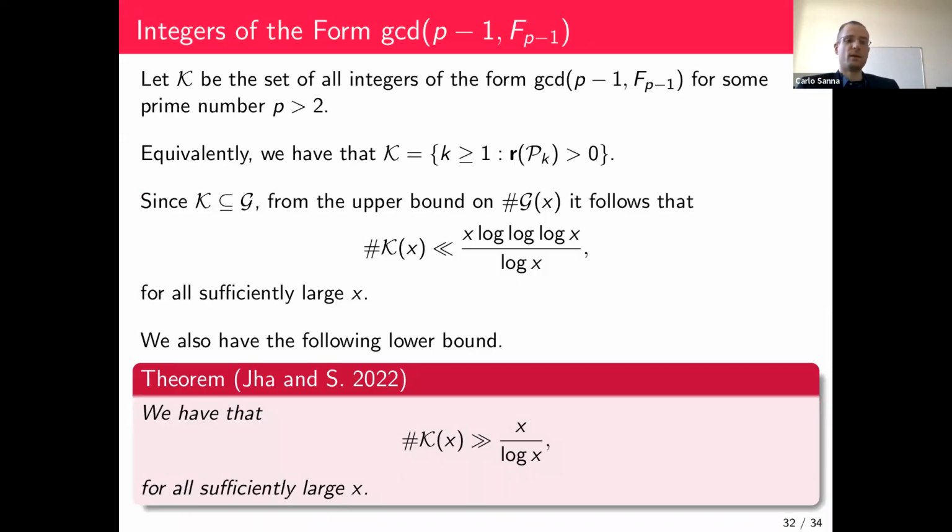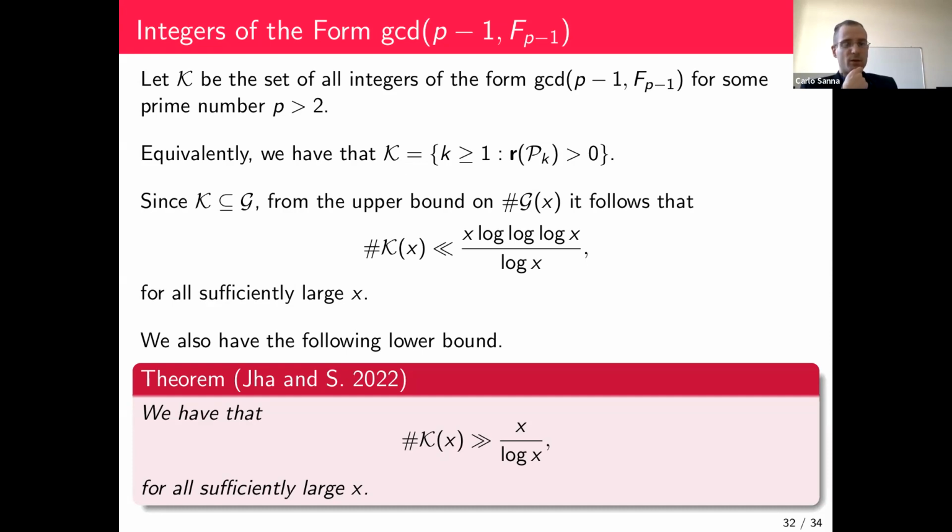Let's define K to be the set of all integers of the form GCD of p minus 1 and F sub p minus 1 for some prime number p. I assumed p greater than 2, but there's no restriction on that. Equivalently, we can say that big K is the set of natural numbers k such that the relative density of P sub k is greater than 0.